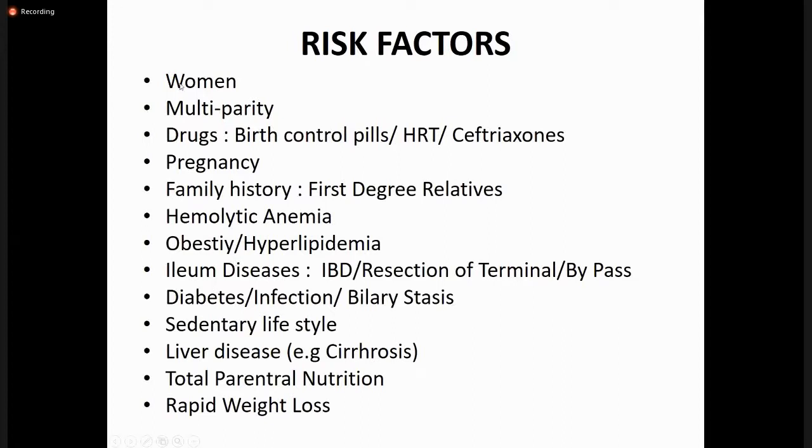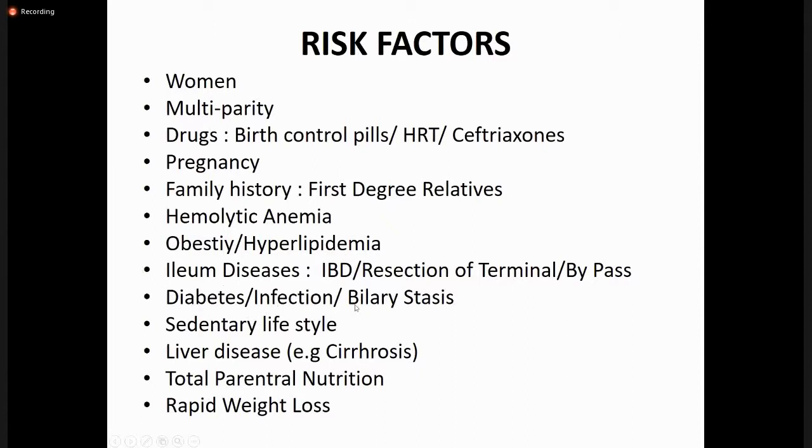Multiple risk factors. Women, multiparity, drugs consisting of birth control pills or HRTs, and even drugs like ceftriaxone precipitate stones. Pregnancy, family history, first degree relatives, so it will be common in them, hemolytic anemias or sickle cell anemia, obesity or hyperlipidemia, ileal diseases like inflammatory bowel disease or resection of the terminal ileum or any bypass surgery will be precipitating stones.